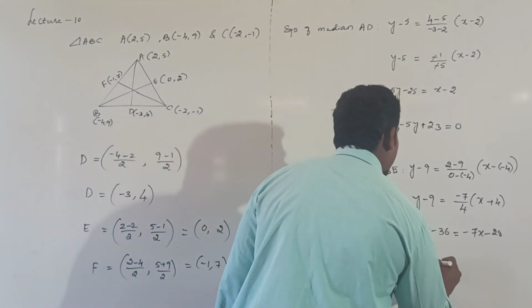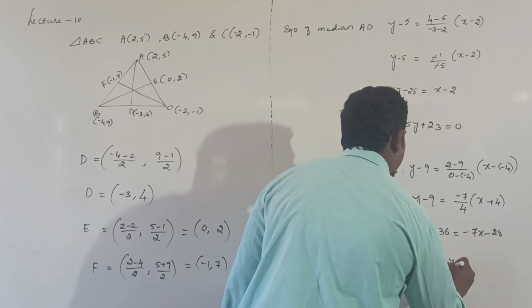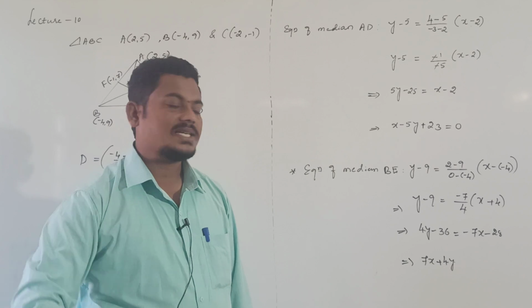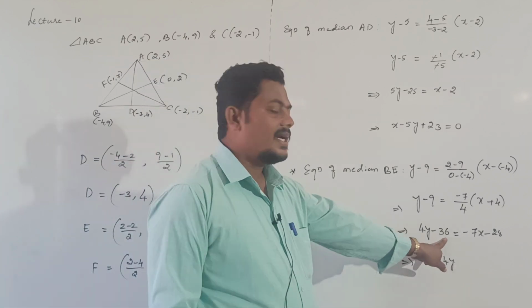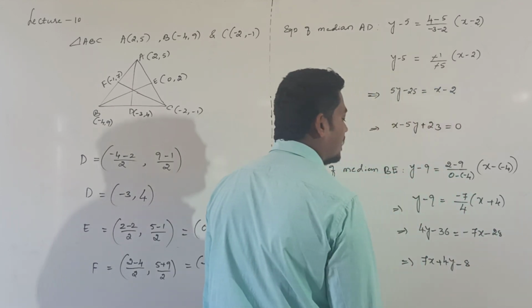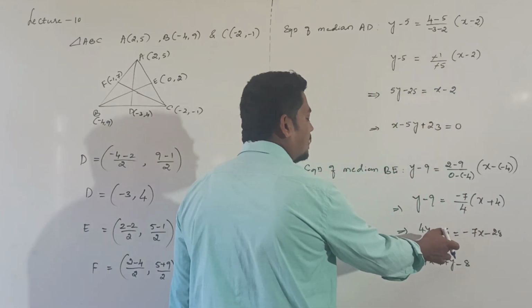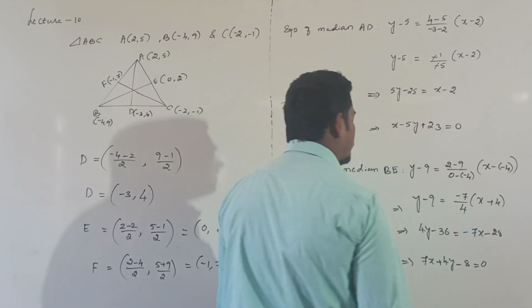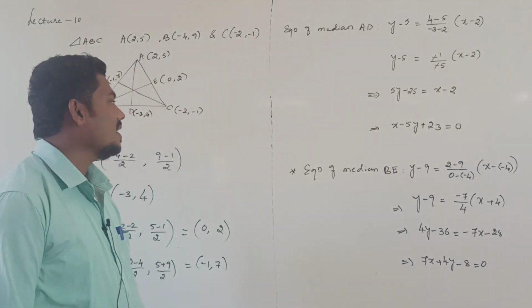Then 7x plus 4y. If you take this minus 28 into LHS, then it will be plus 28. Plus 28 minus 36 means minus 8 only, that's equal to 0. This is the equation of median BE.